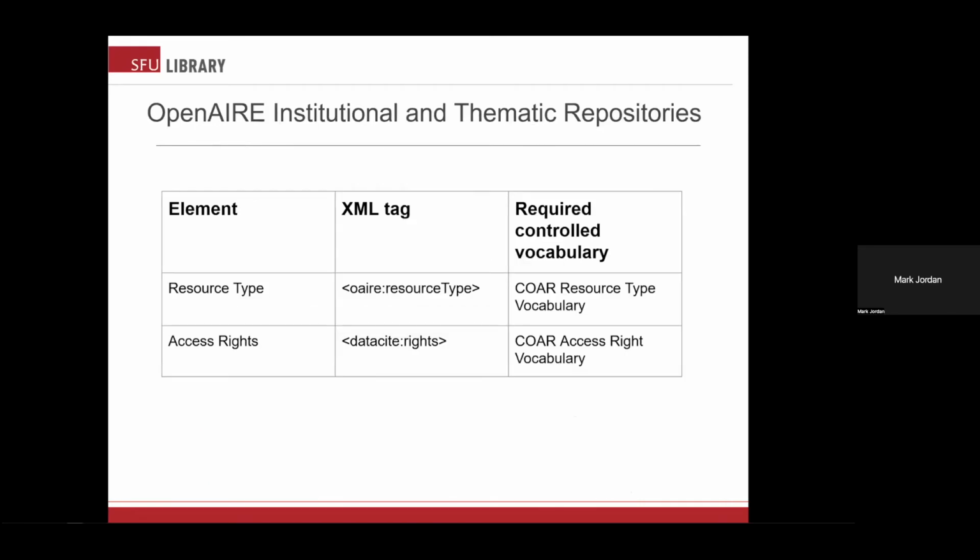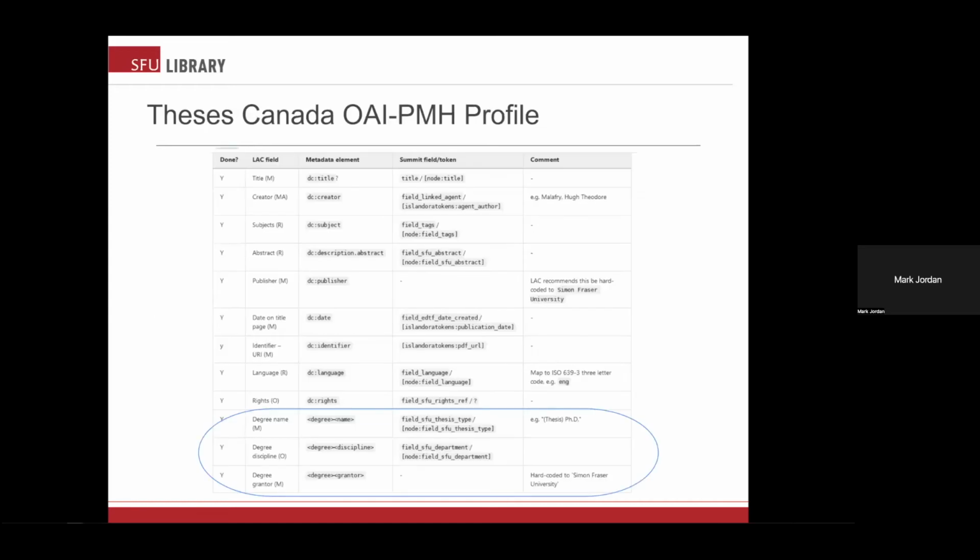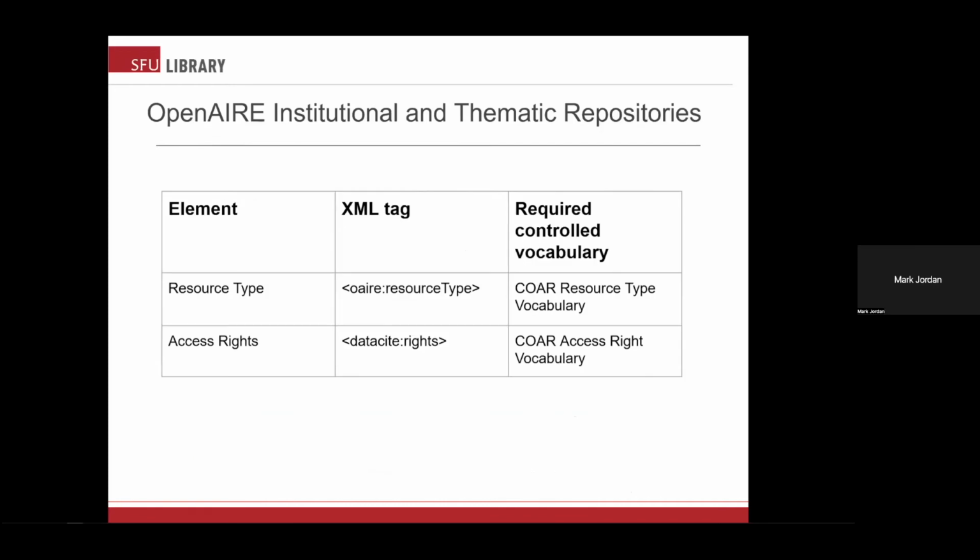The more challenging one is the OpenAIRE, and it's challenging because whereas the Thesis Canada OAI profile implemented 3 new elements: degree name, degree discipline, and degree grantor, OpenAIRE implements a bunch of different vocabularies and namespaces.